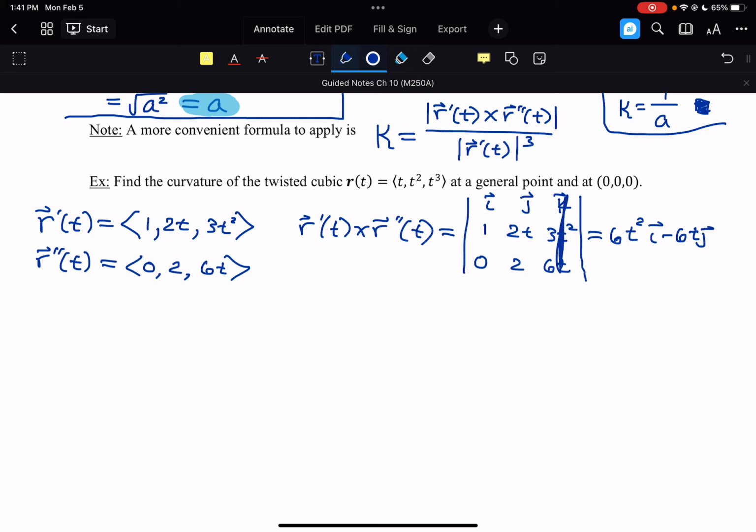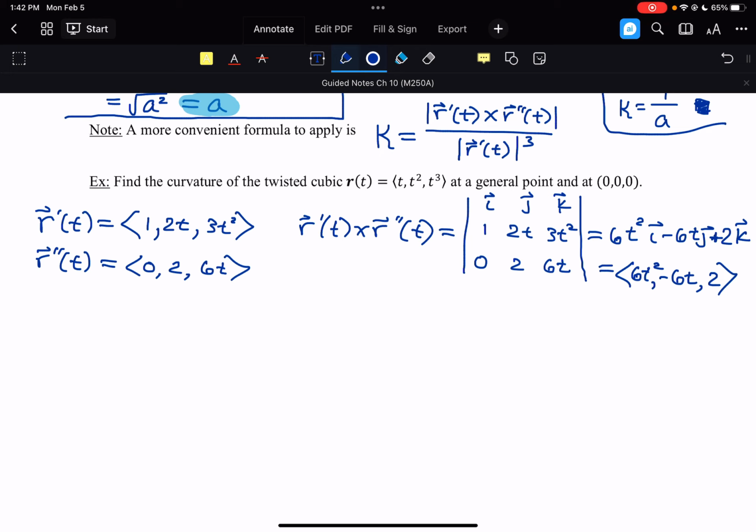And then for k, block off those. The 0 helps, so it's just plus 2k. Okay, so as a vector, we get 6t squared, negative 6t, and 2 to go along with these.